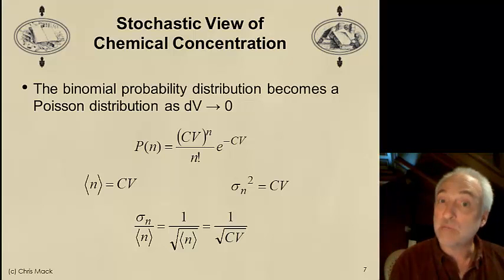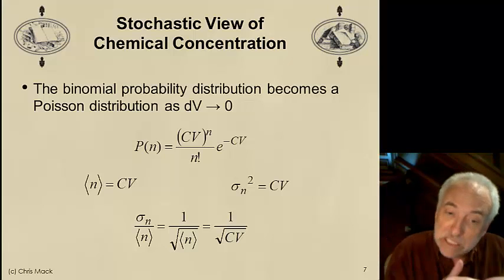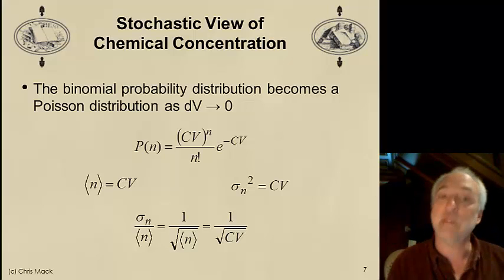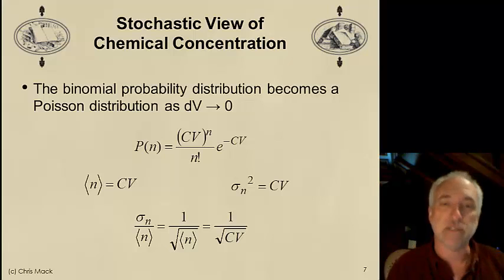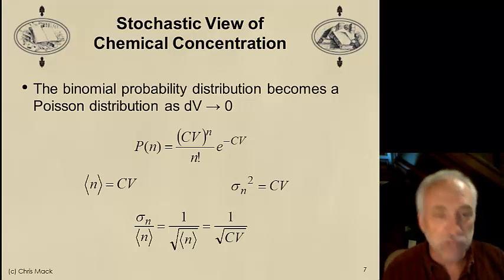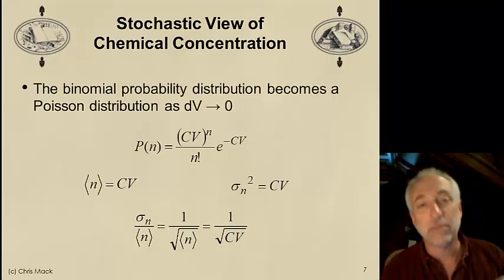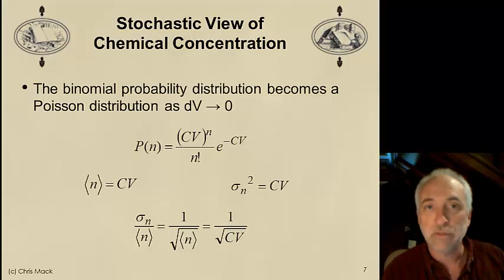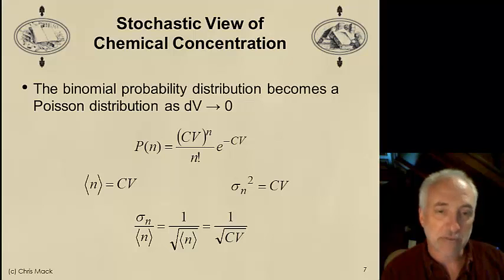It only becomes significant when I worry about really small volumes where I have a small number of particles within that volume. Then the stochastic uncertainty in the number of particles that you'll actually find in the volume becomes extremely significant. Well, that's the situation that we're dealing with when we talk about nanofabrication.